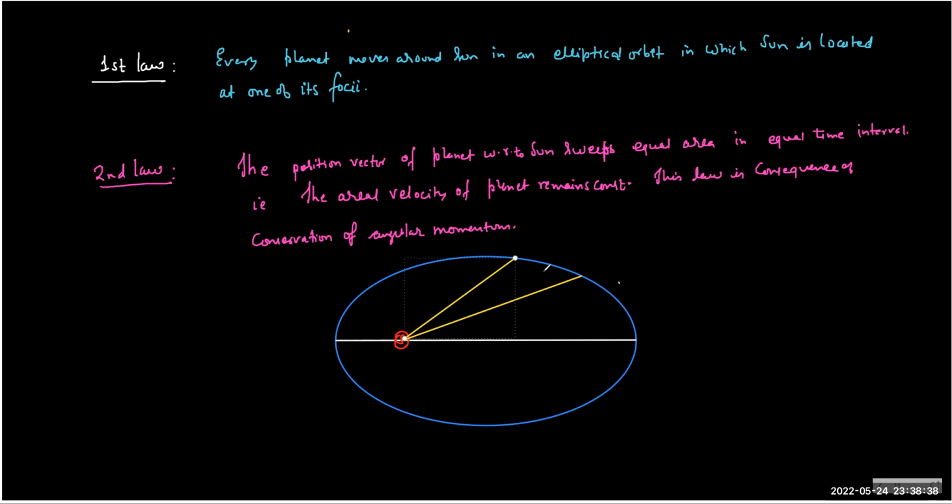So the planet is moving this way. If I say this is t and this is t plus delta t, then in the delta t interval the position vector has swept some area. The shaded region is the area swept.